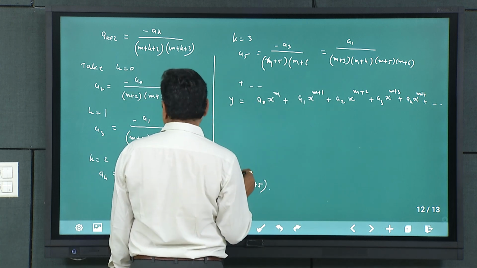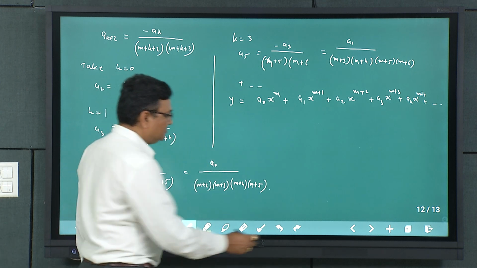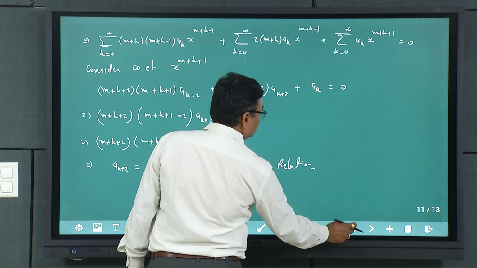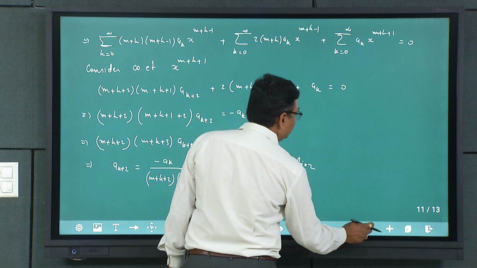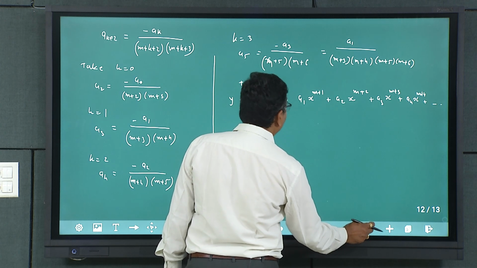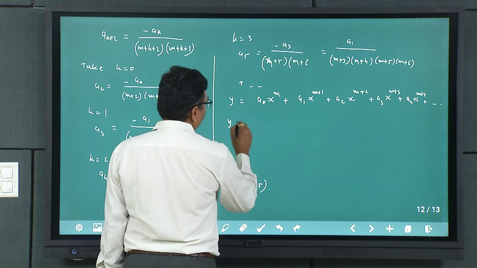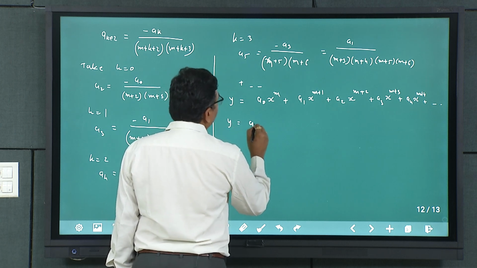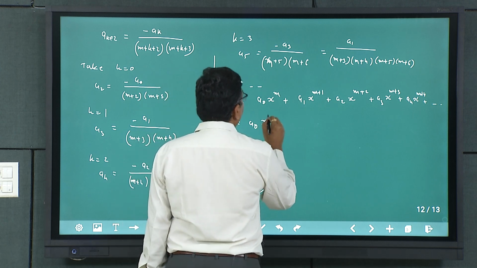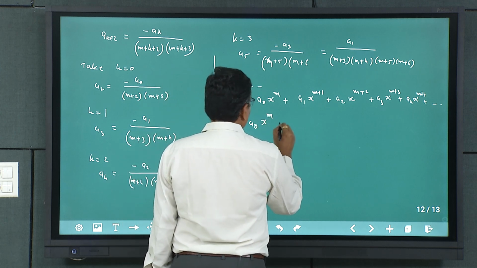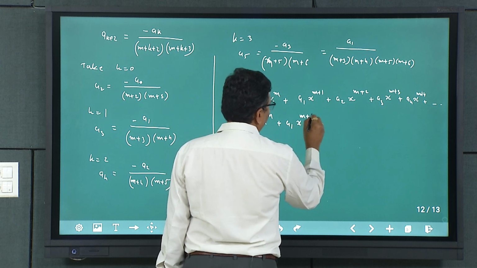So what is my m? The value of m1 was minus 1, right. So we take the value of m as minus 1 later on, right. So this is y is equal to A0 into x raised to power m plus A1 into x raised to power m plus 1.